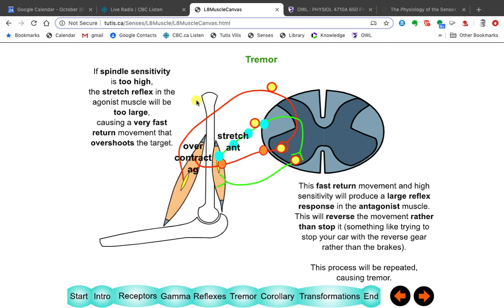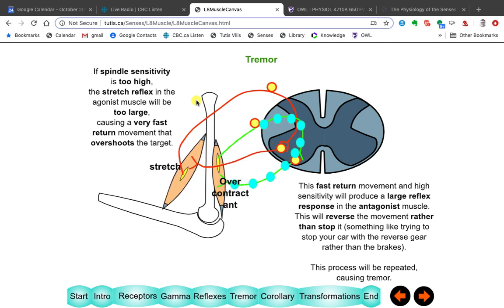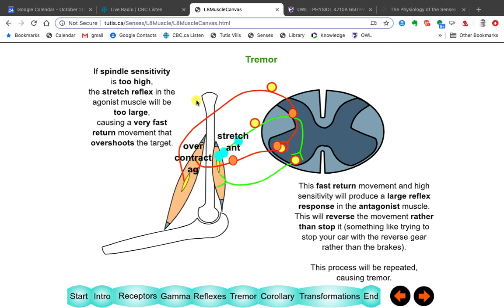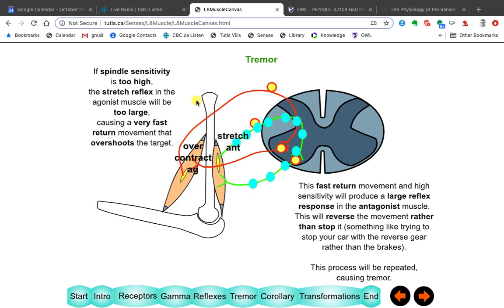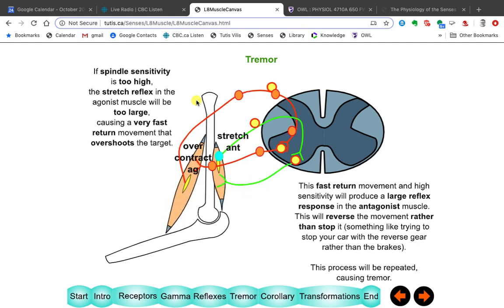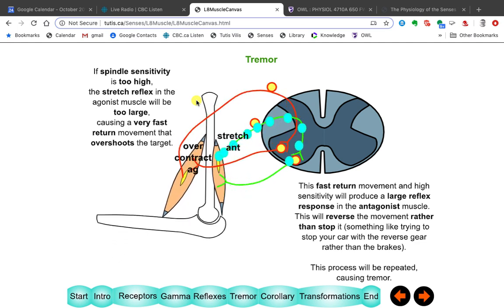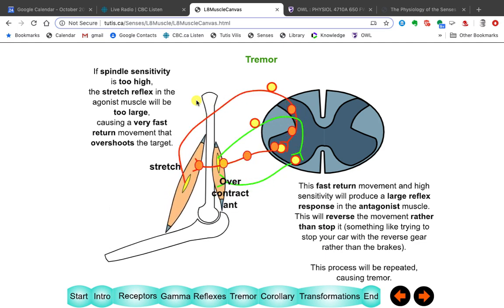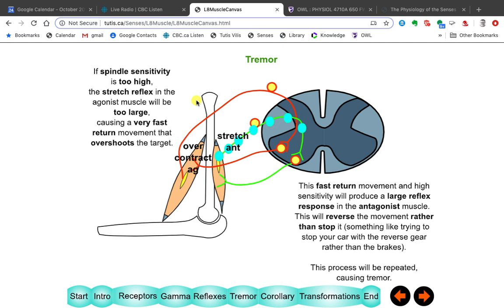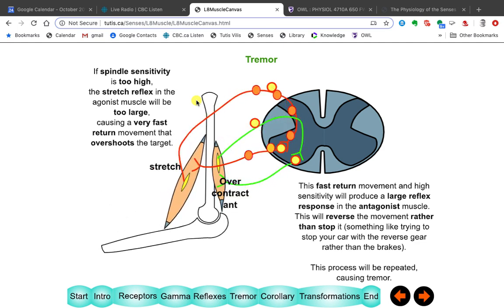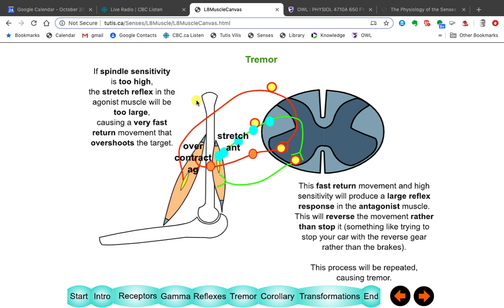You can have normal tremor, like when you try to put thread in a needle, but you can also get all kinds of abnormal tremor when you have different lesions. One of the lesions you can have is in your cerebellum, and that will cause tremor.